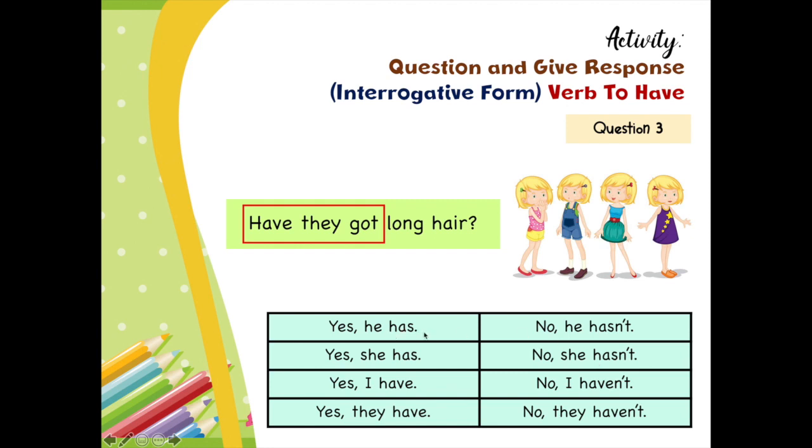Throw them away. Then look at the subject pronoun, they. So we are left with I and they. Of course, they. So two possible answers: yes, they have, or no, they haven't. Again, look at the words long hair. They have short hair, not long hair. So the answer is no, they haven't.